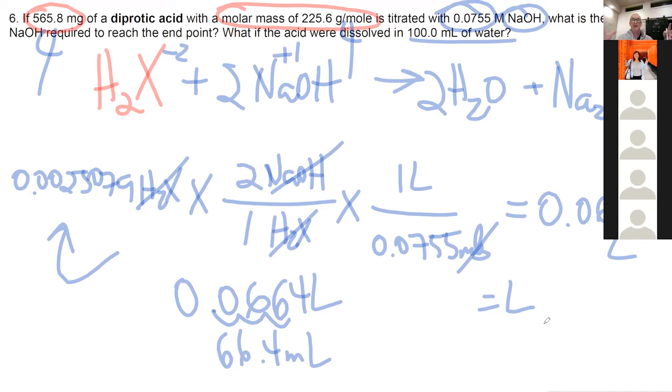If we make it too dilute, when the color change happens, it'll be so dilute it'll be hard to see. But the volume of base required to do that color change doesn't change. So it's an important thing to remember, because when you're doing a titration, you're calculating moles of acid, moles of base. The concentrations of the acid and base are just a guide to tell you how many moles are there.